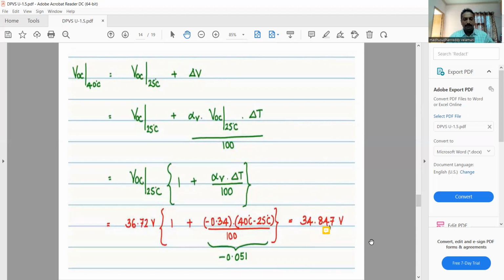You can understand what's happened here: when the temperature increases, the open circuit voltage decreases.